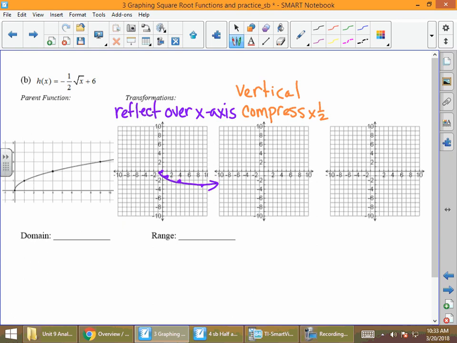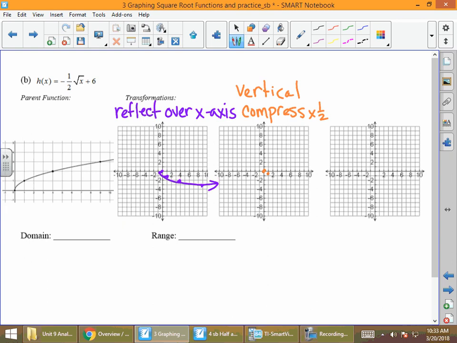0, 0, again, still not going to change because it's going to be the y value that's changing. So 0 times 1/2 is still 0. Our next point on our purple graph here is 1, negative 1. Negative 1 times 1/2 is negative 1/2. So our next point here is 1, negative 1/2. In our purple graph, we have 4, negative 2.